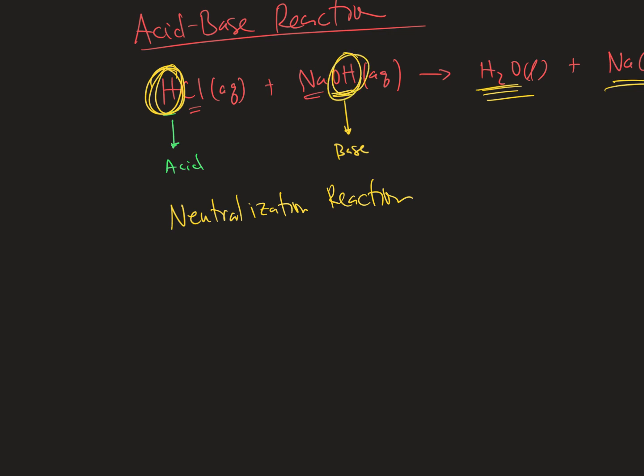Now, there's other bases besides that, but this is a strong acid and a strong base. And when we have a strong acid and a strong base, we can neutralize it and get salt and water. We're just keeping it simple right now. We'll get deeper into acids and bases in chapter 10.